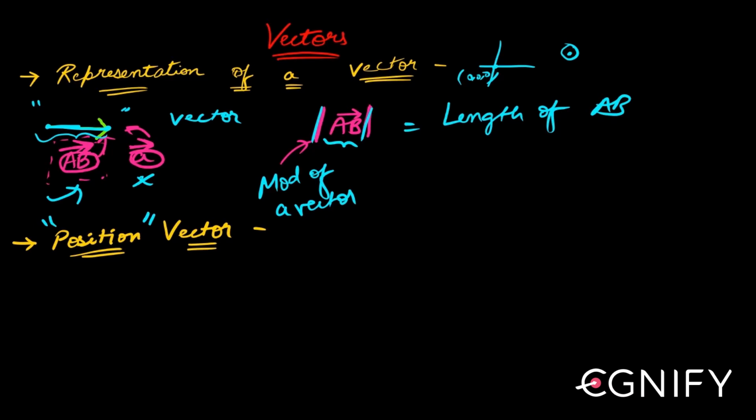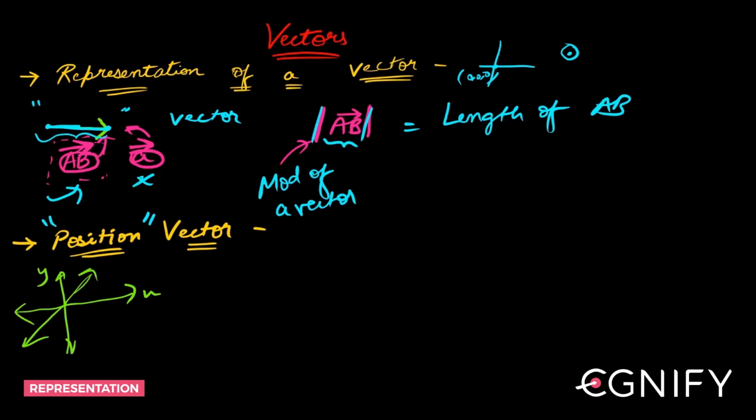So I first have to set up some reference, and with respect to that reference, I need to check the position. Usually my reference in 3 dimensions is my origin, right? The place where the 3 coordinate axes intersect. So this is your x-axis, this is your y-axis, and this is your z-axis.